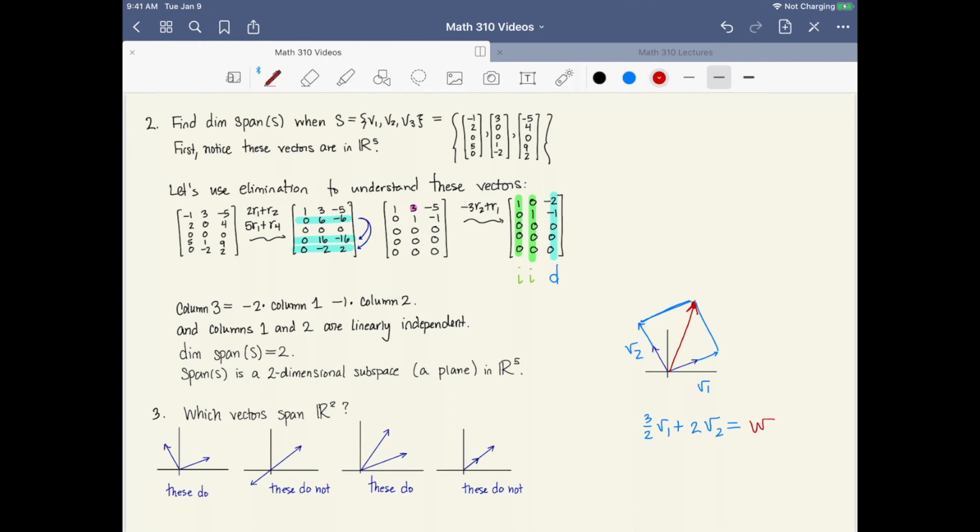And the point is that these 2 vectors are independent of each other, and there's 2 of them living in a parent space, R2, which is of dimension 2. And so we see that any other vector in R2 can be written as a linear combination of these 2. And that is what it means for them to really span this space.